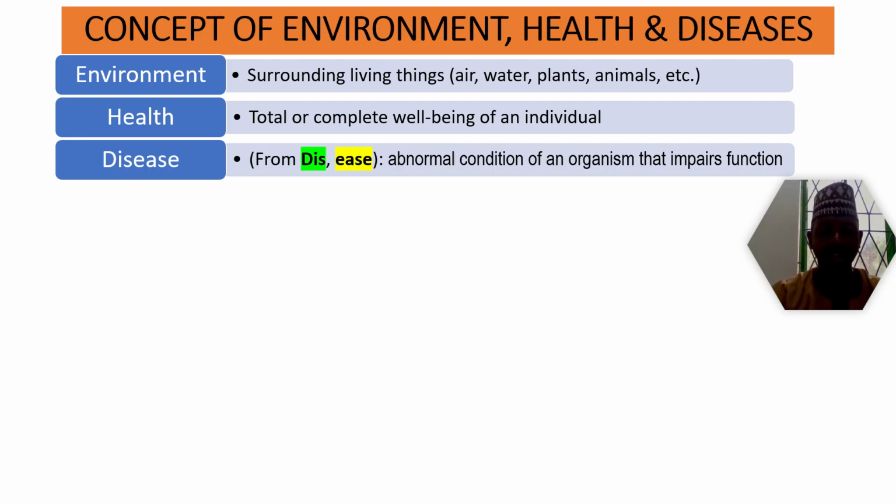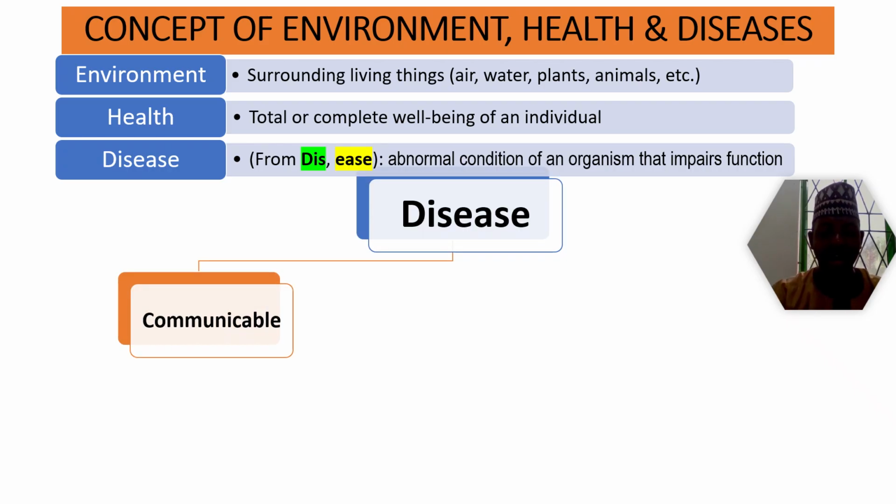Therefore, we can define disease as an abnormal condition of an organism that impairs the functions of the whole or part of the body. In other words, we can say disease is a condition that diminishes the health of an individual. Remember, we say health is a total or complete well-being of an individual. So disease is any abnormal condition, any condition that diminishes the health and affects the normal functions of the body.